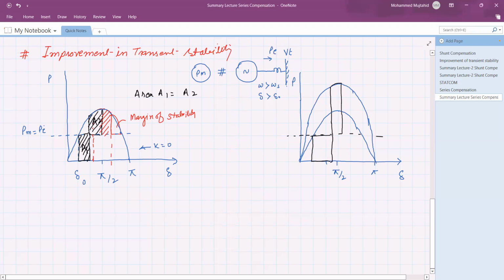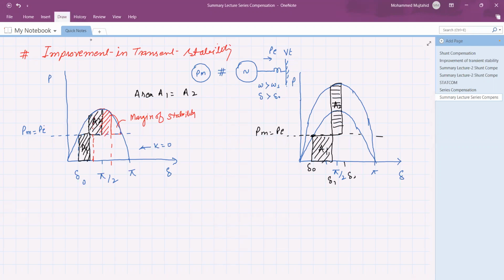This is the area A1 as earlier, because of the fault, where mechanical input is equal to the electrical output. This is delta 0, this is delta 1, this is say delta 2, and this is the deceleration area. So here we found that this marginal area is very large.